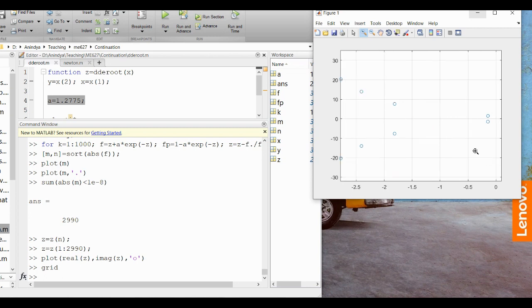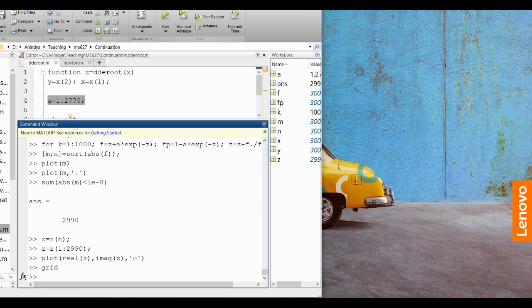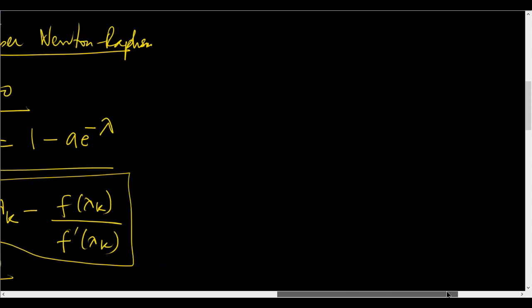Okay, there are ways of checking these roots and so on, but let us try to understand this distribution of roots. So one way to do that is to go back to our analytical treatment and think of whether there are any positive roots.